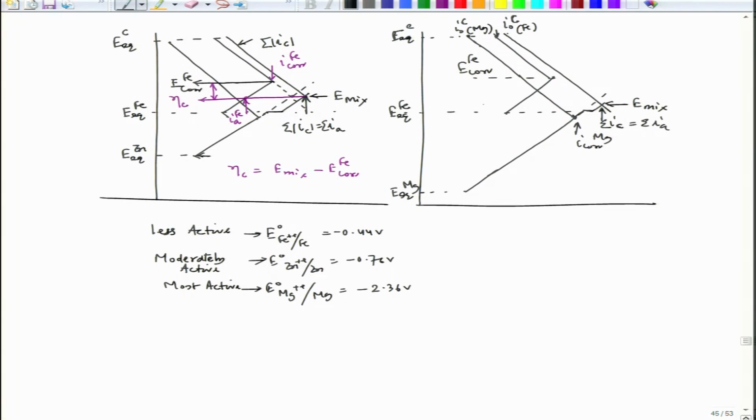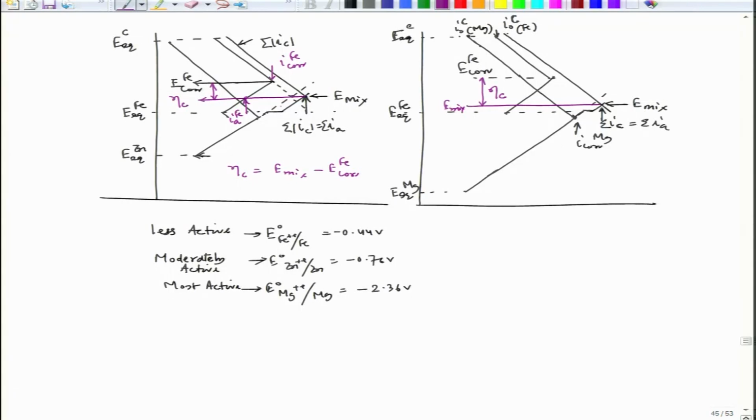So, this is my new E mix. Now, if I have to compare eta C, this becomes my eta C.